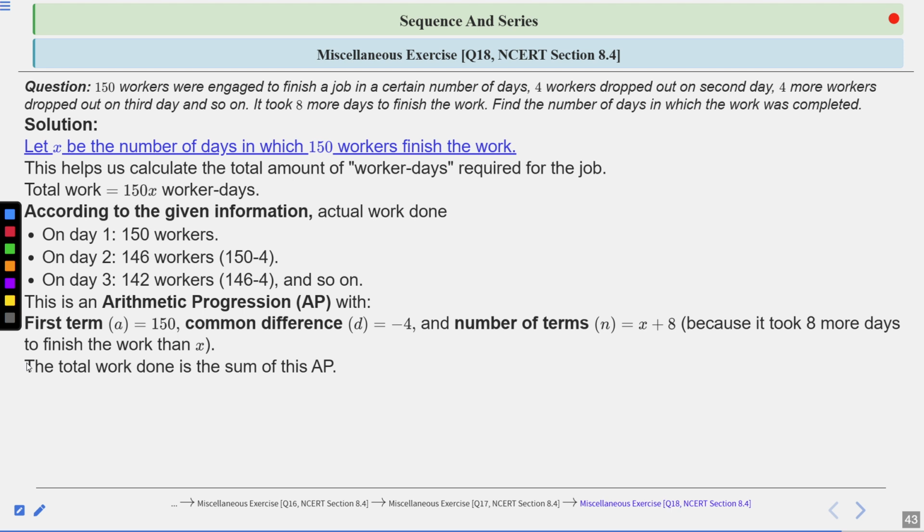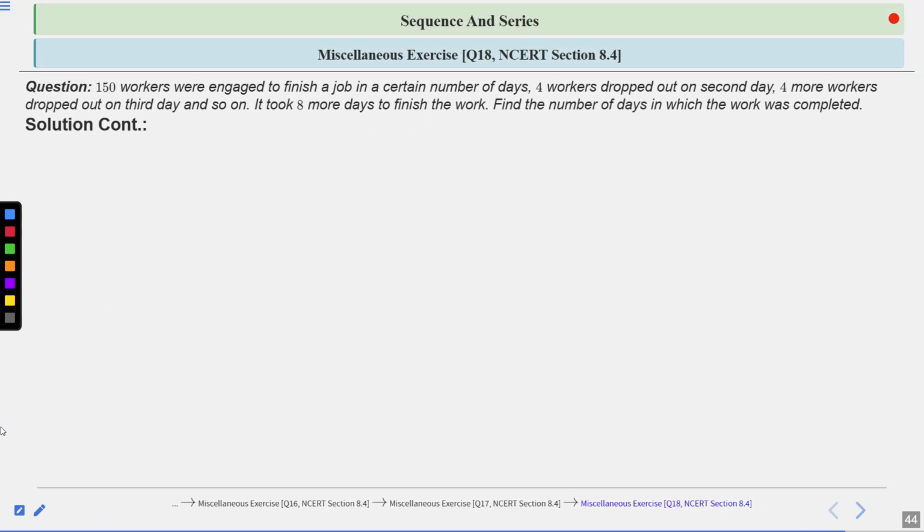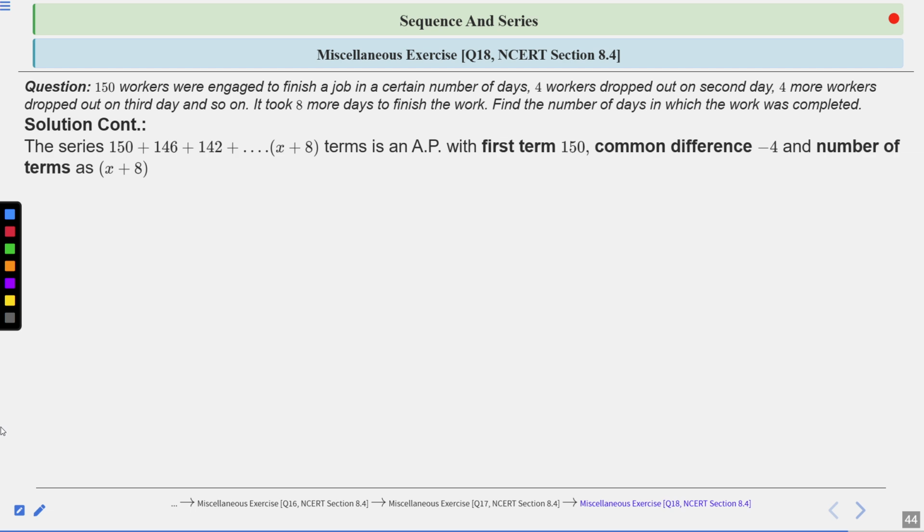The total work done is the sum of this AP, which is equal to 150x, which is equal to 150 plus 146 plus 142 up to x plus 8 terms, right? So the series is an arithmetic progression with first term 150, common difference minus 4, and number of terms x plus 8.